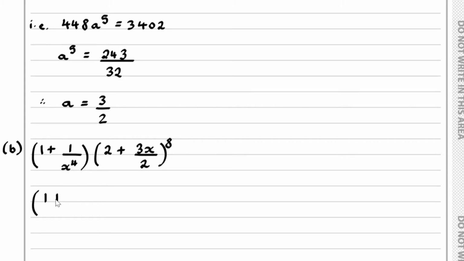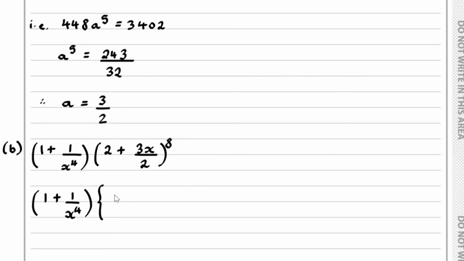We've got (1 plus 1 over x) to the power of 4, and then we will multiply this by the following.